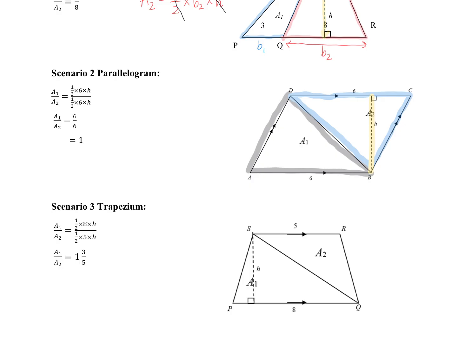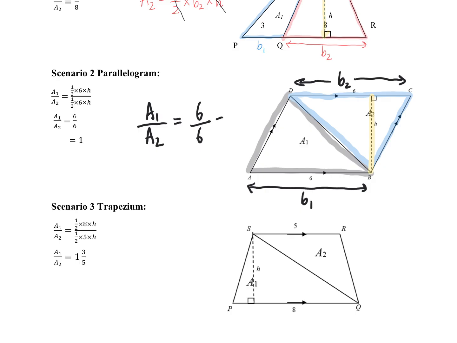So when I want the ratio of A1 is to A2, I should compare B1 with B2. So what is the ratio? 6:6. So actually it's just 1. That means they are exactly the same. Which is true because if you have a parallelogram, you split it into half, the two triangles are exactly the same. So the ratio is just 1 or 1:1.